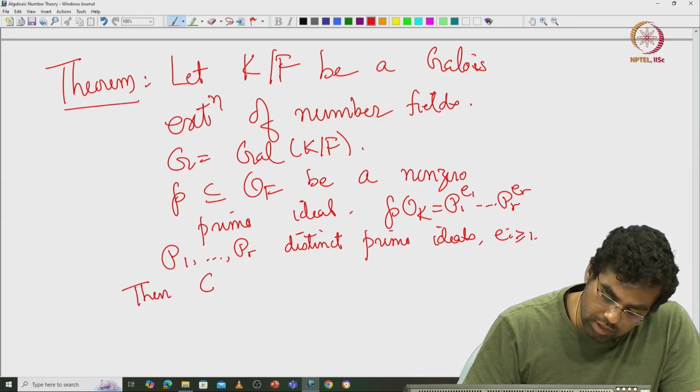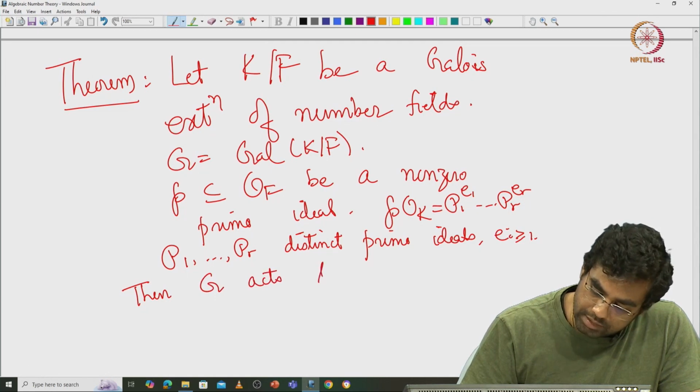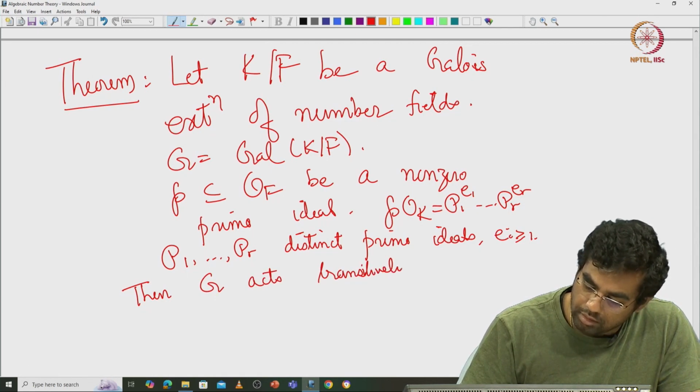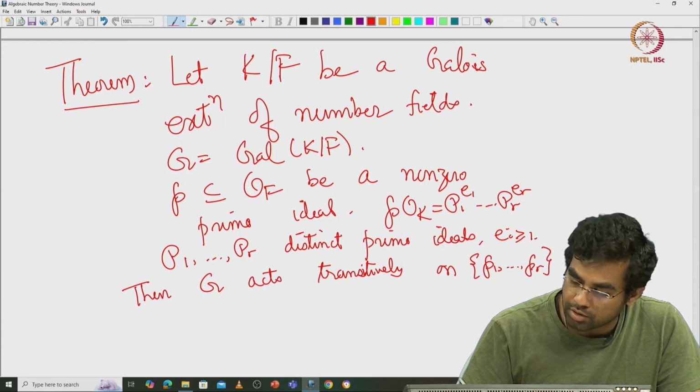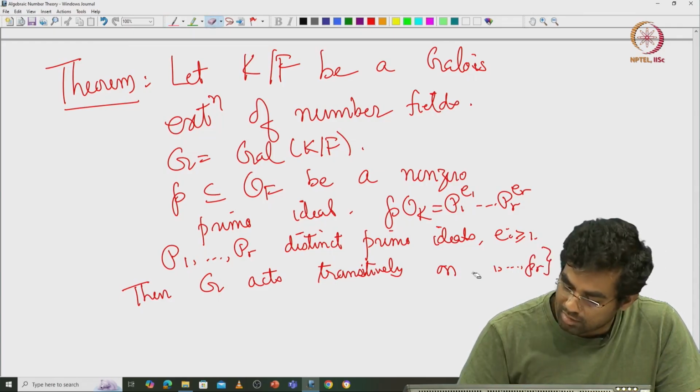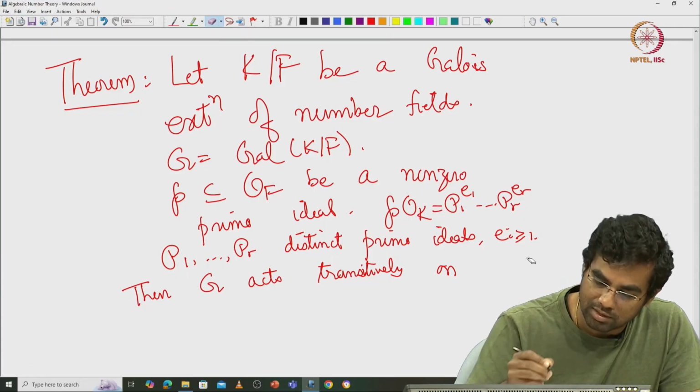Then G acts transitively on P1 up to Pr, the capital P's.